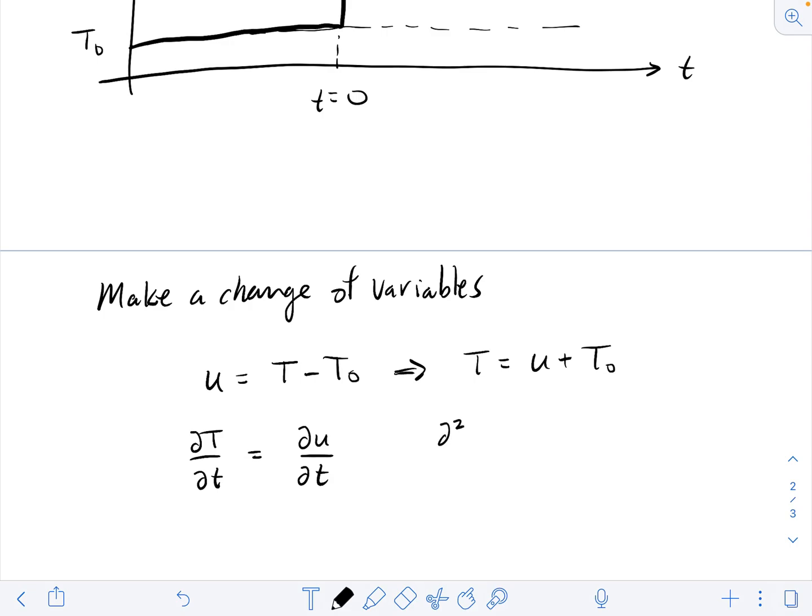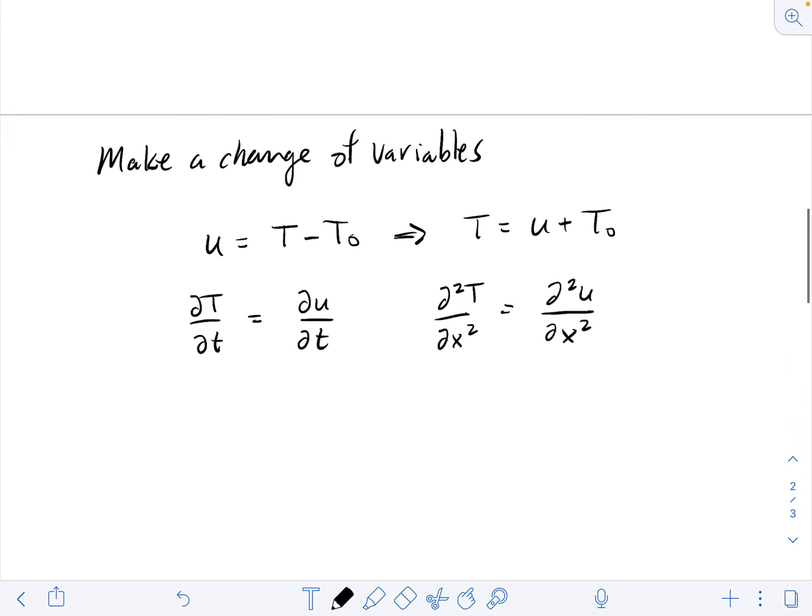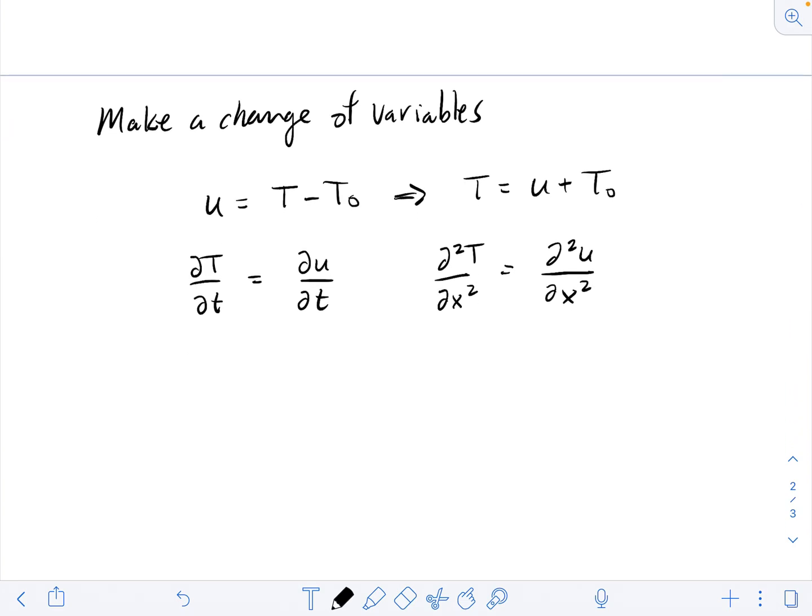And our heat equation involves two position derivatives of temperature. And again, T0 is a constant, so that's equivalent to two position derivatives of u. The other thing we're going to do is define alpha to be c squared. And when we make those changes, our heat equation becomes du/dt is equal to alpha, which is c squared, d2u/dx2.